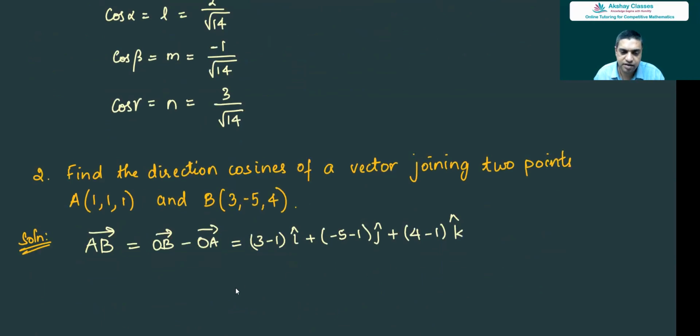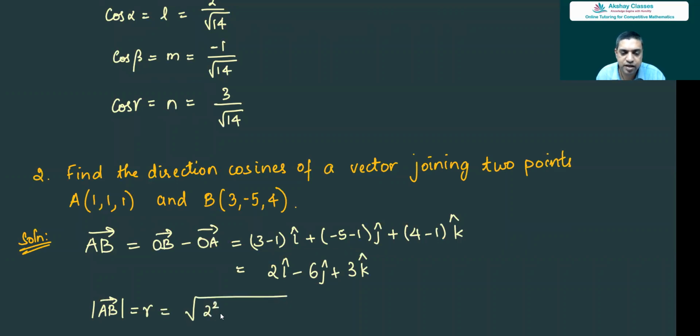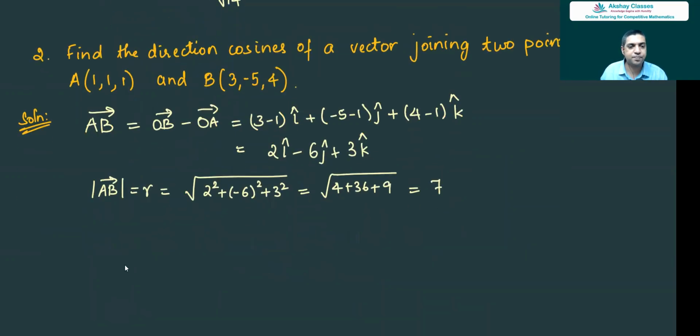So we get 2i minus 6j plus 3k. So this is AB, modulus of AB bar, which is r, is under root of 2 square plus minus 6 the whole square plus 3 square. So this is 4 plus 36, 40 plus 9, 49. Under root 49 is 7.